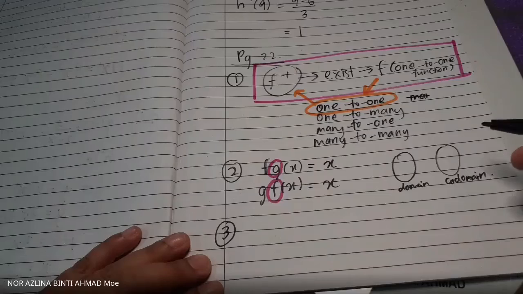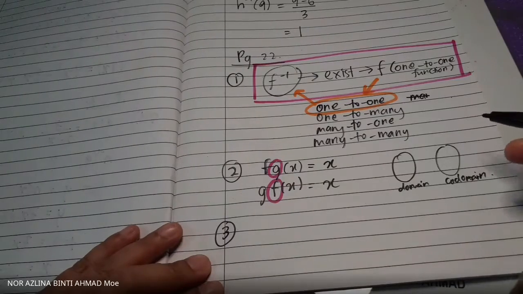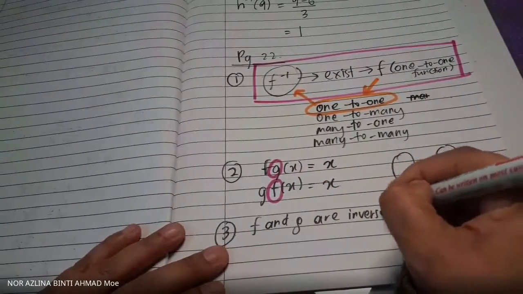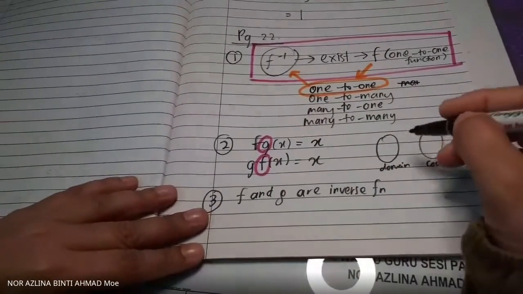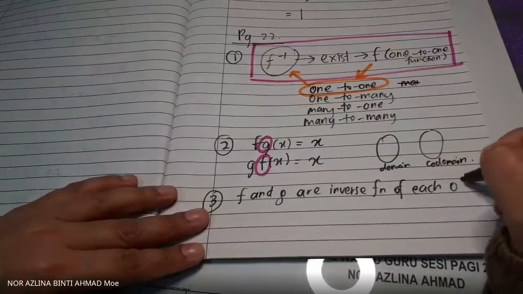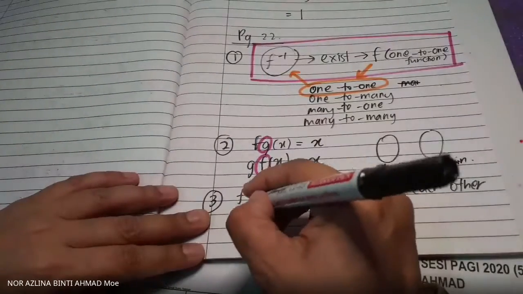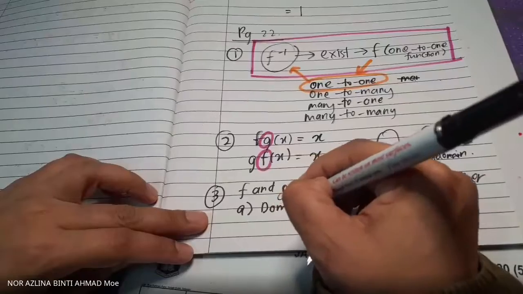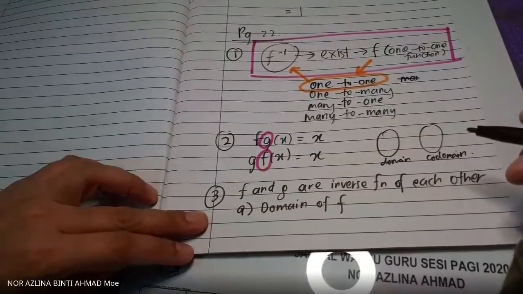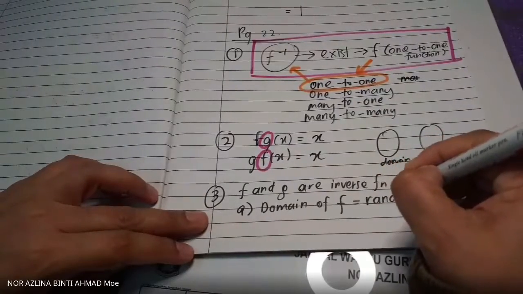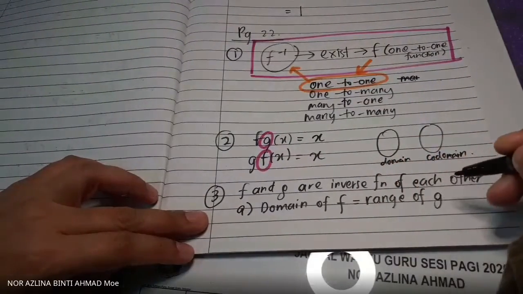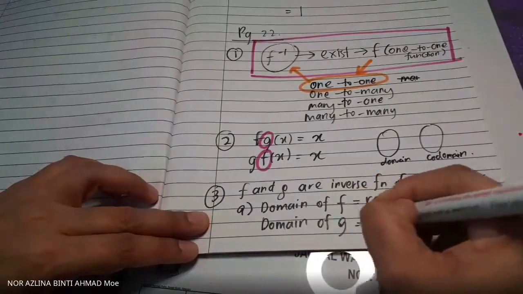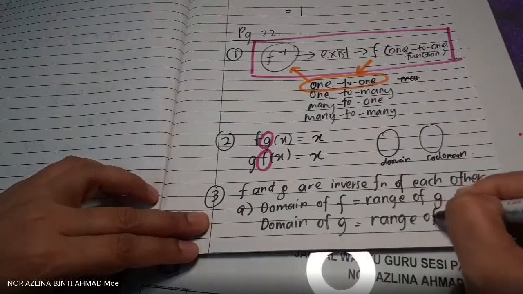If two functions f and g are inverse functions of each other, then A, the domain of f equal to range of g, and domain of g equal to range of f.